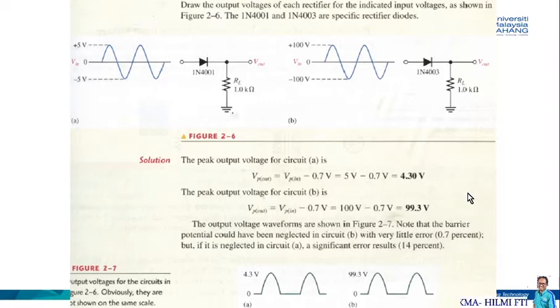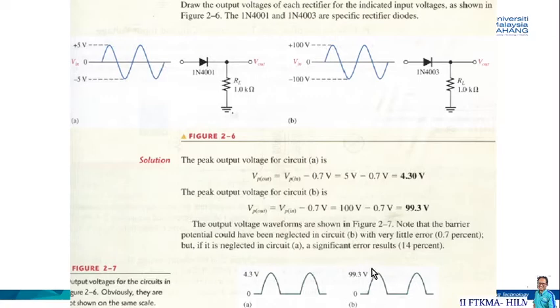So, some discussion on the result. You can see that in circuit A, the difference between the peak output voltage 4.3 and the peak input voltage is around 14%. The difference is quite big.